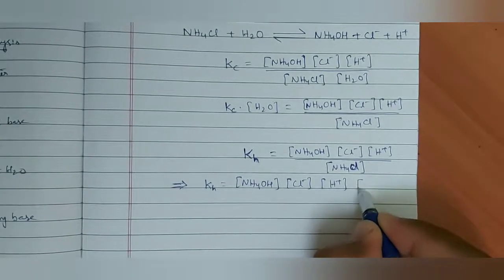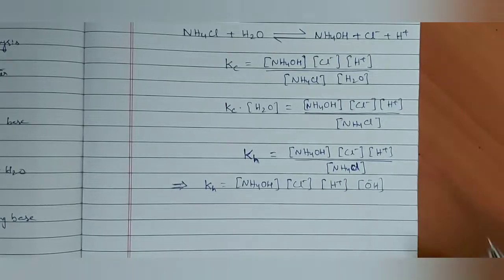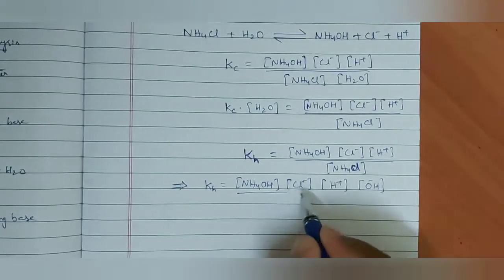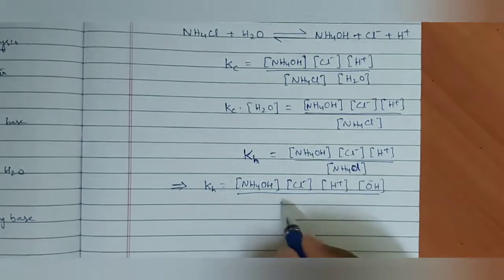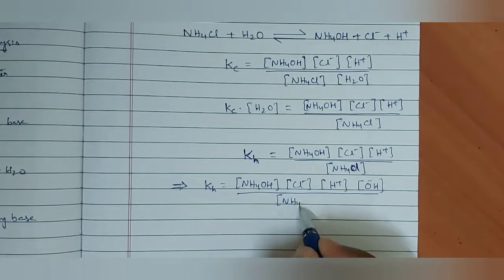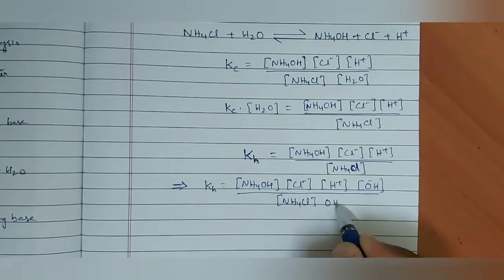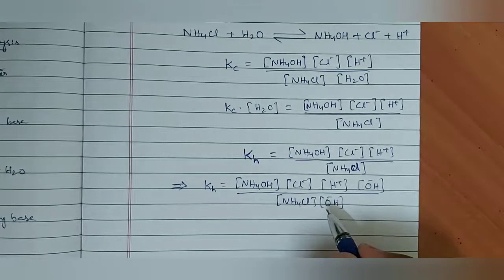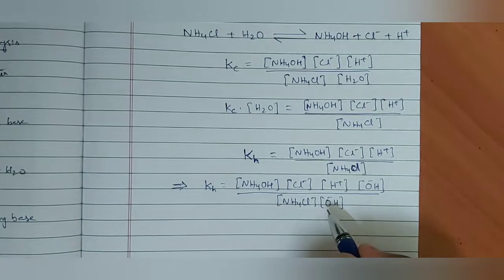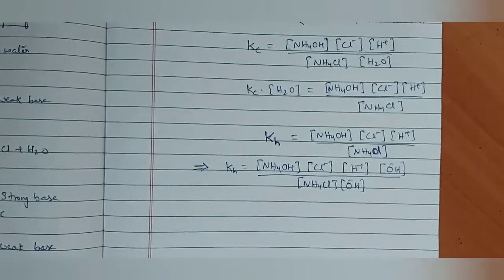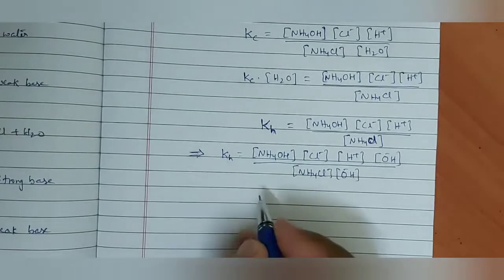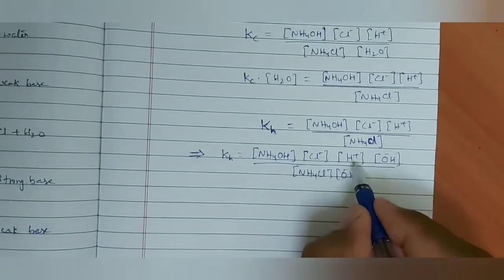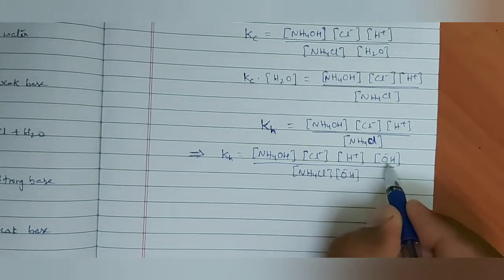I am multiplying and dividing by OH minus ion concentration, then we can cancel that one and there is no change in value. Is it okay? So multiplying and dividing by OH minus concentration. From this we got concentration of H plus into concentration of OH minus.